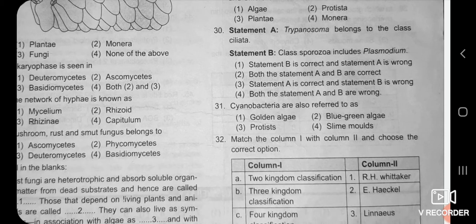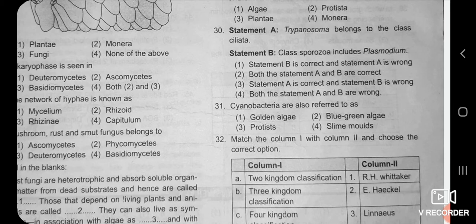Next, statement A and statement B. Number of times I have told you that such a type of question is not asked for the NEET exam, but here one sample question is there, so we'll discuss it. Statement A is that Trypanosoma belongs to class Ciliata. No, it is incorrect, because Trypanosoma belongs to the class Flagellata. It is a flagellated protozoan. Second, class Sporozoa includes Plasmodium.